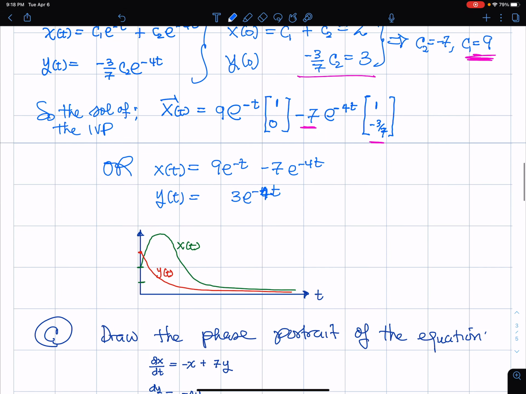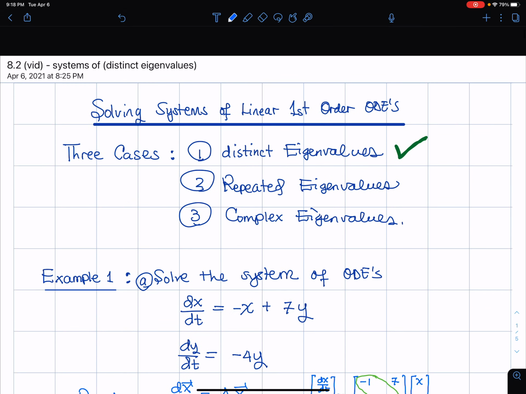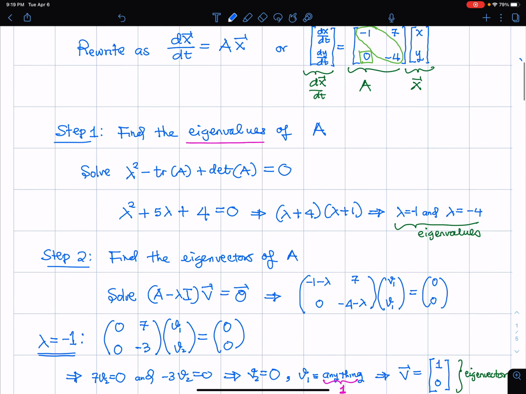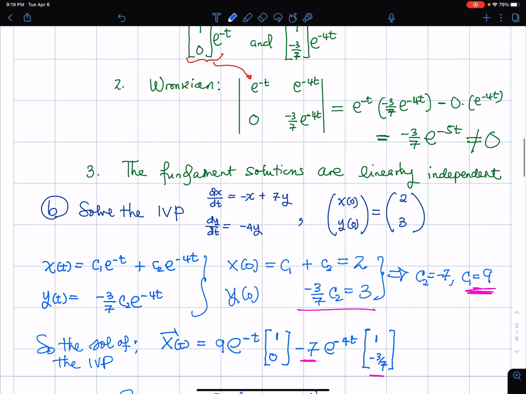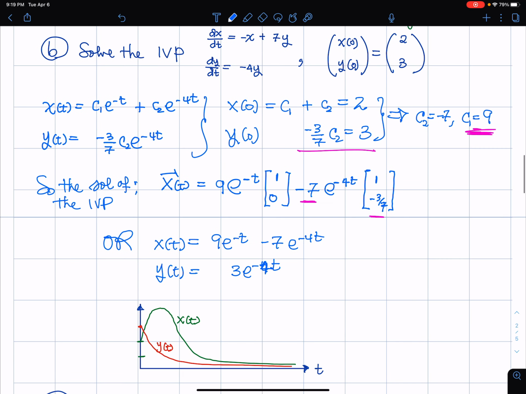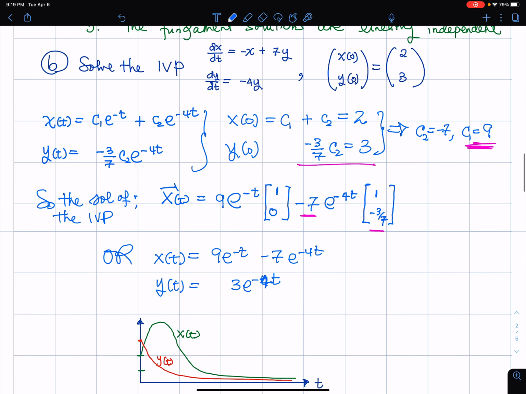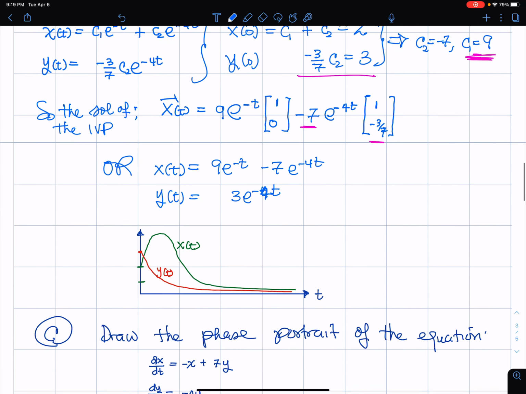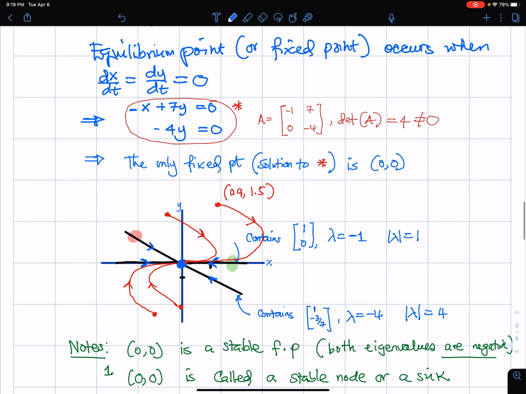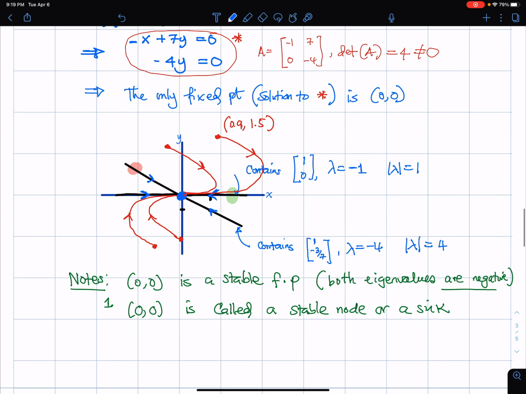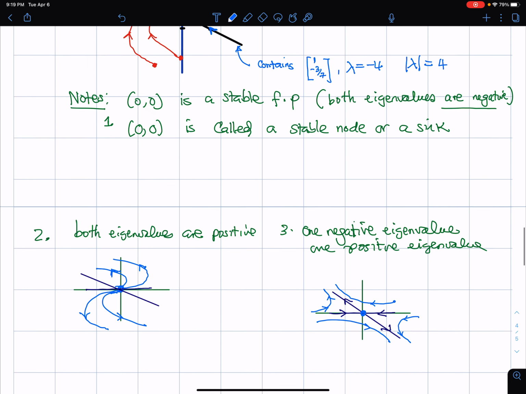But what I want you to also take away is the method of finding the general solution, and the particular solution when you have the initial condition. And the third thing we did is how to sketch the phase portrait, which is very interesting.